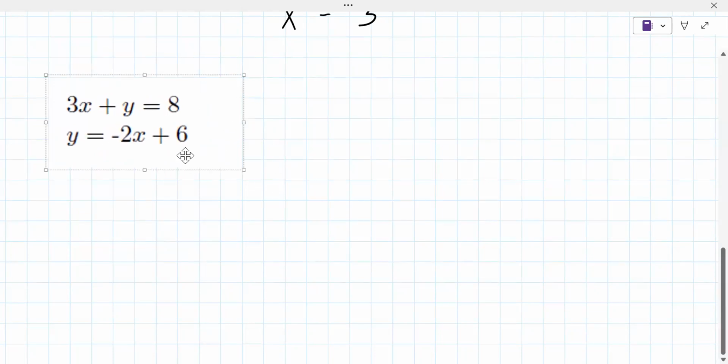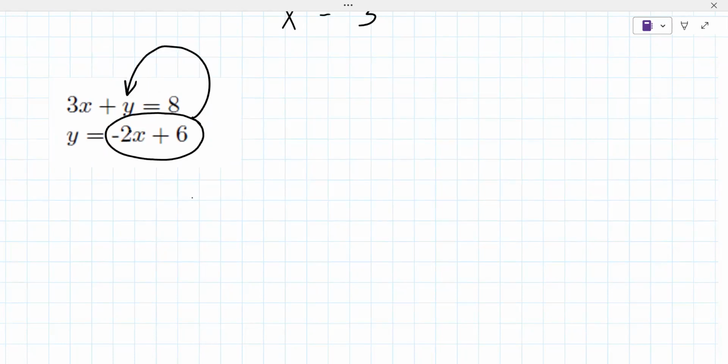Notice the second equation is already solved for y. You see that, Sourish? So we're going to take that and put it in for y. So 3x plus, notice I'm rewriting the first equation, but instead of y, I'm putting this in. So it's minus 2x plus 6 equals 8.